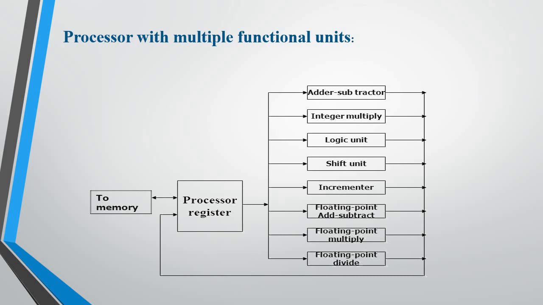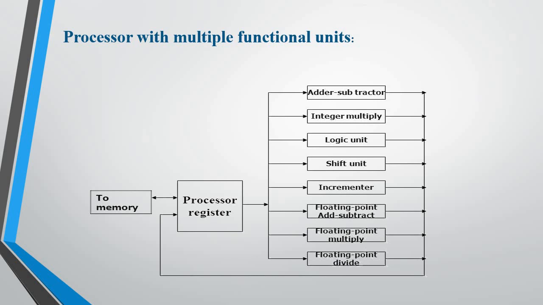So this diagram is representing the processor with multiple functional units. One possible way of separating the execution unit is into 8 functional units operating in parallel.